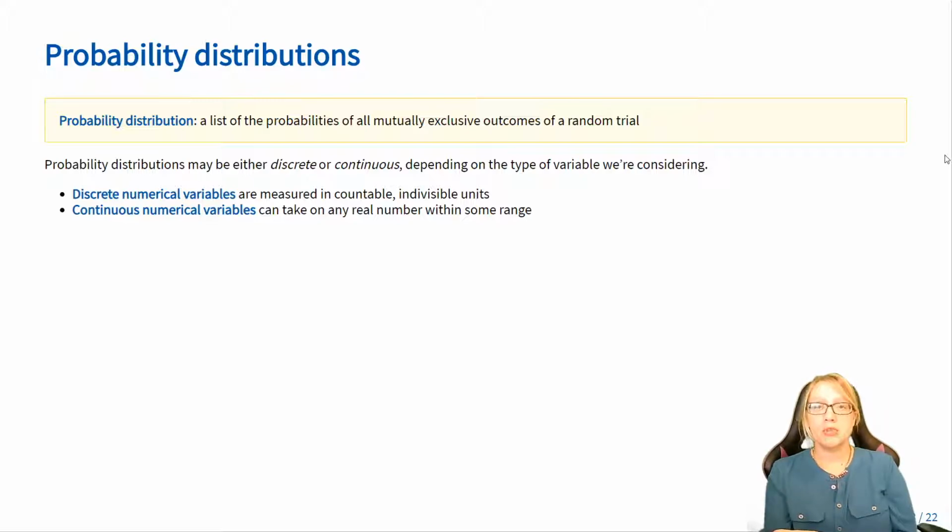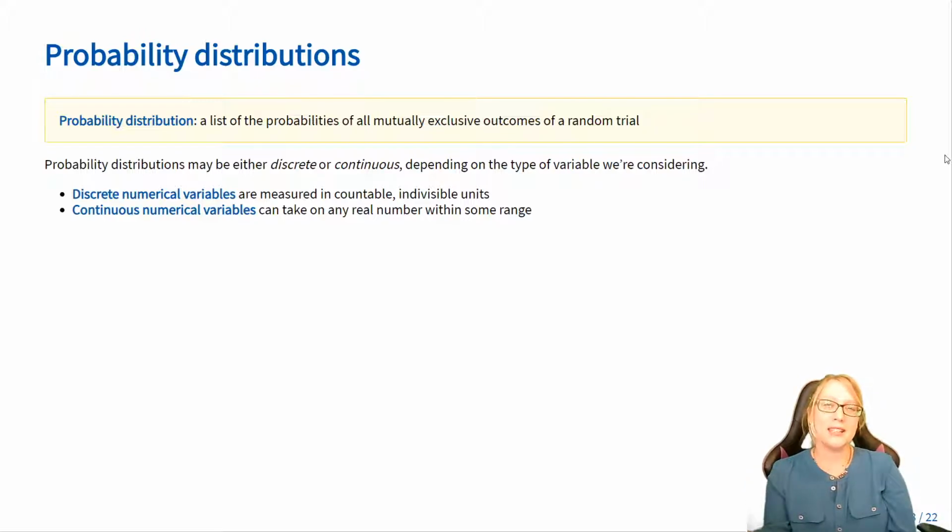Now, probability distributions themselves can be either discrete or continuous depending on the type of variable that we're considering. So categorical variables and discrete numerical variables will have discrete probability distributions. We'll chunk up the probability based on each of the outcomes.